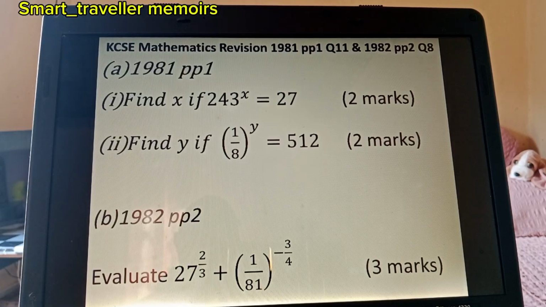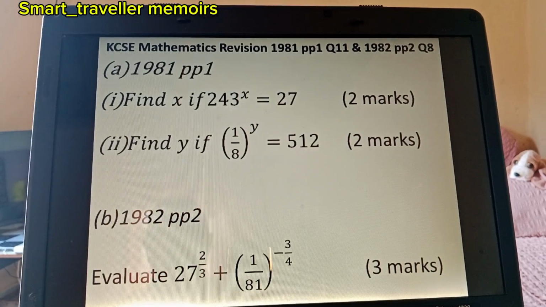That's the first question. And the second question is 1982, paper 2, question 8. Paper 1 is question 11, as displayed on the slide.